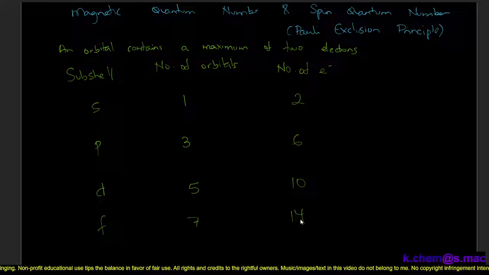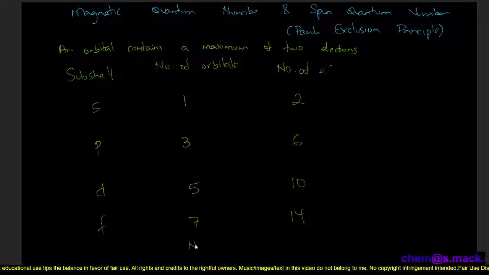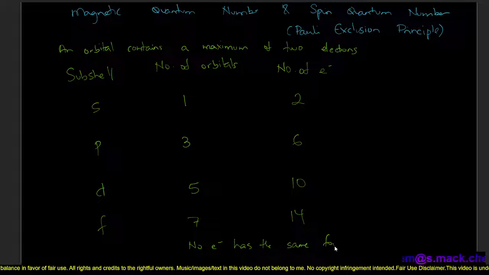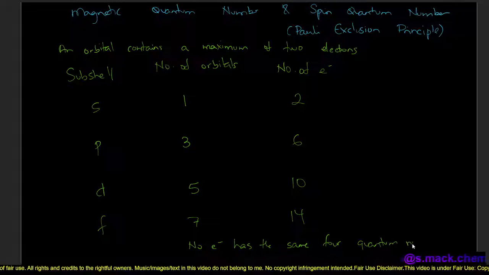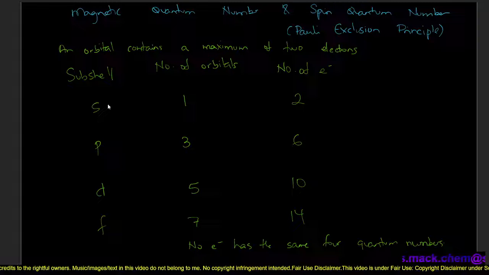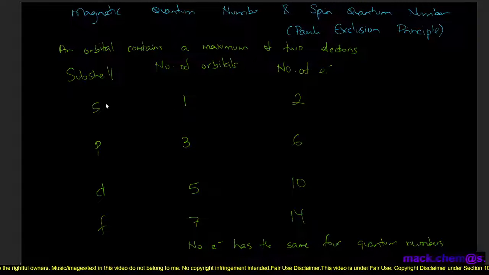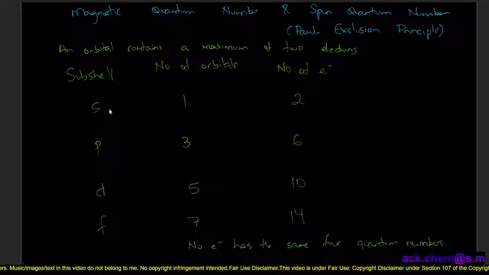I have previously mentioned that no electron has the same 4 quantum numbers. So let's look at an electron in the S subshell. Let's say we're talking about energy level 1, and we have 2 electrons in the S subshell.